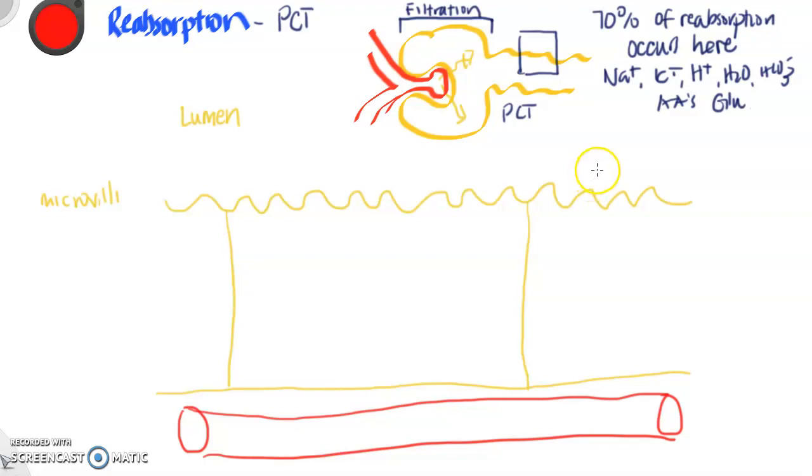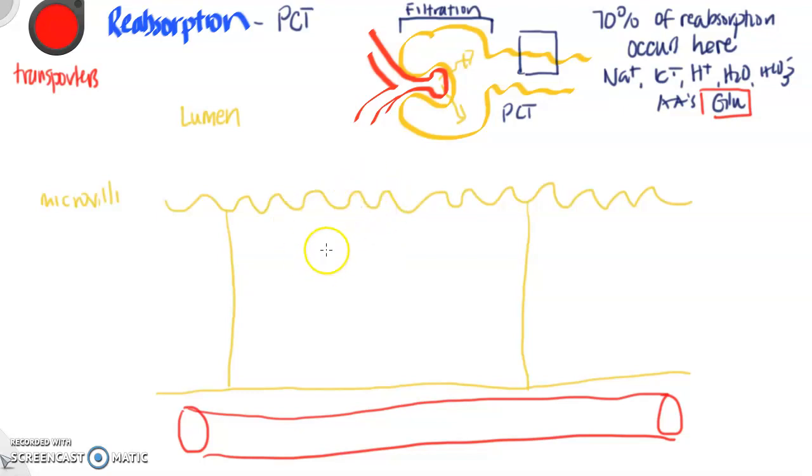So these things are brought in through what we call transporters. And we've seen these before. We're going to use glucose as the example of how the kidney transports stuff back into the blood. And most things work about this way.